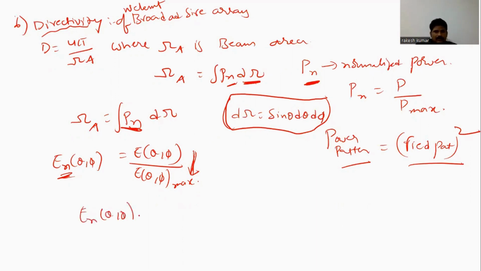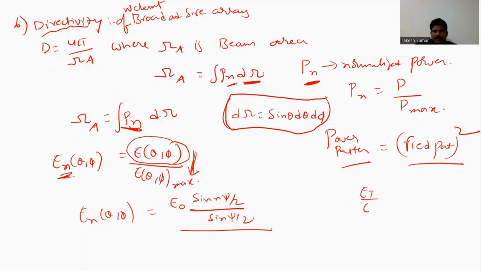We have got En of theta comma phi is equal to E naught into sine N psi by 2 by sine psi by 2. So this is the ordinary electrical field. What is the maximum value of this? We have already derived that the maximum electrical field is equal to N into E naught.